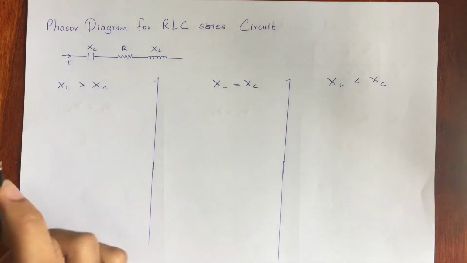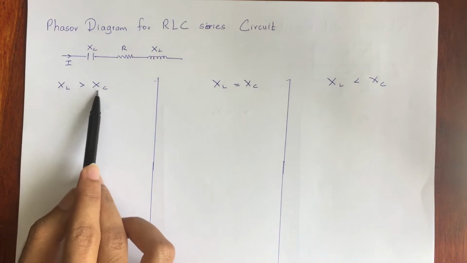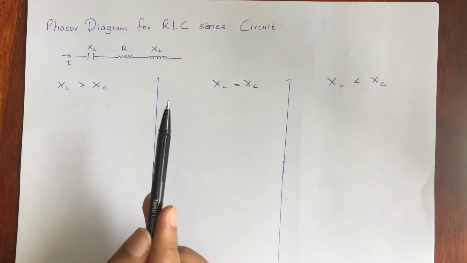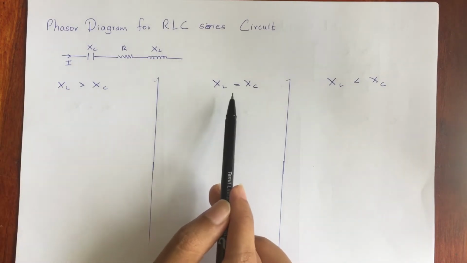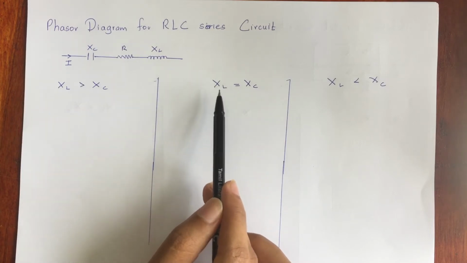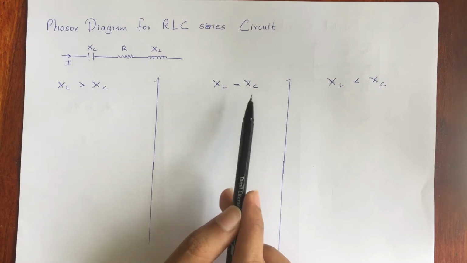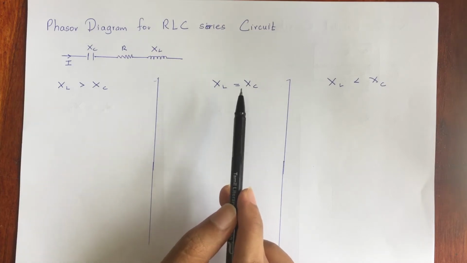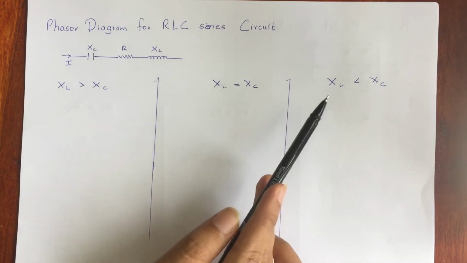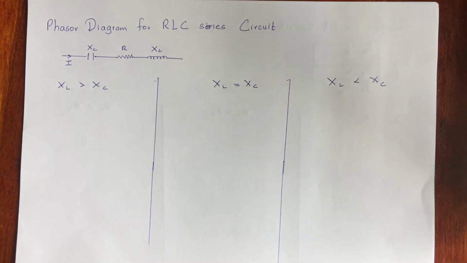We knew that there might be some instances where XL is greater than XC, and in the second case XL equals XC, which simply means the reactance of the inductor and the reactance of the capacitor are equal, and another case where the reactance of the inductor is less than the reactance of the capacitor. So now we are going to discuss all three cases.